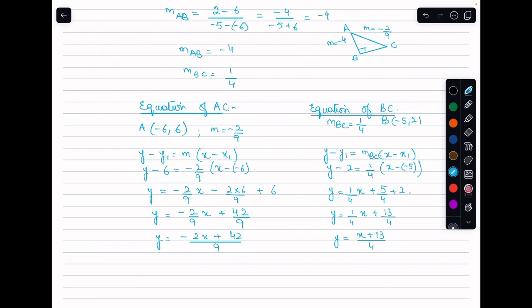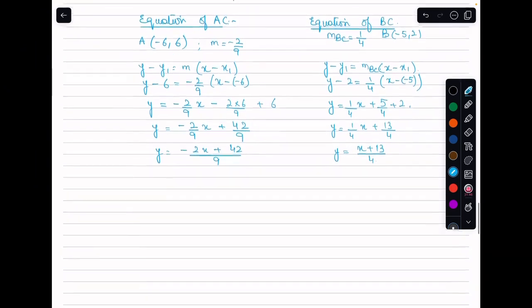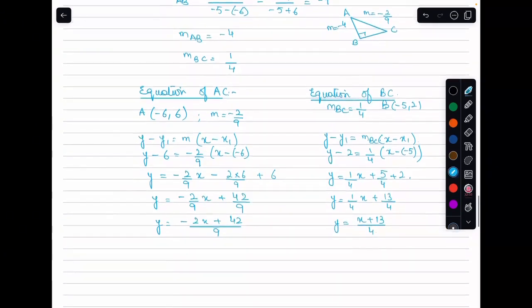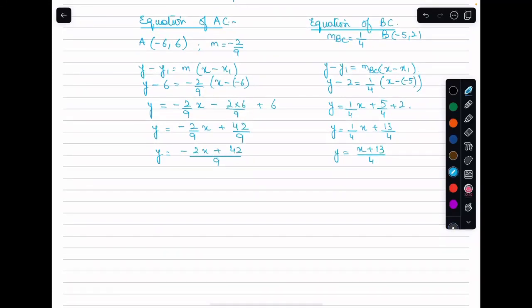So I have the two equations. I can solve the two simultaneously, as again repeating, C is the common point for AC and BC. I can solve the two equations for AC and BC simultaneously to get the coordinates of C. So I have the two y equations.